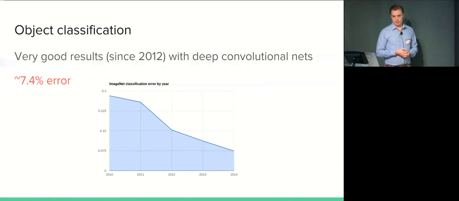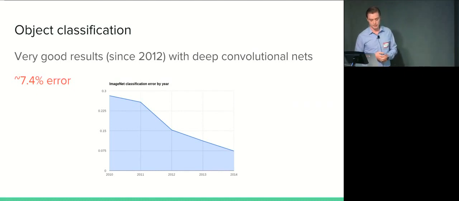Convolutional nets have been state-of-the-art since 2012, and they really pushed the boundaries. In the ImageNet competition, prior to 2012, people would handcraft the input features to images, like running SIFT, and they would hover around 25-ish% error. 2012 and beyond, with AlexNet and more recently VGG, you get around 7.4% error in classification, which is really good given that there are so many images and classes it's trying to detect here.